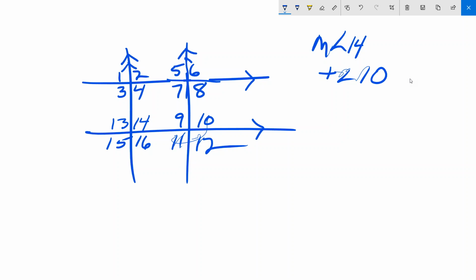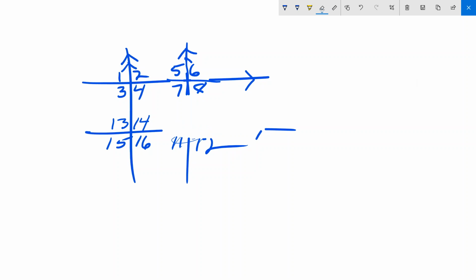First of all, do we know what 1 is? So it's going to be 14 plus, so wouldn't it be 90? First of all, let's talk about this picture.